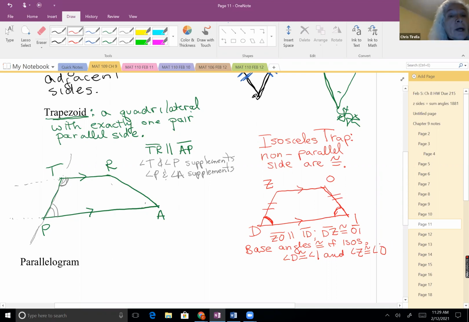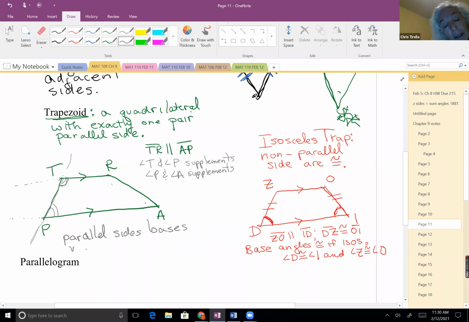And I have to apologize, I used that term base, and I didn't label that on the preceding picture. The parallel sides are called the bases. The parallel sides are the bases.